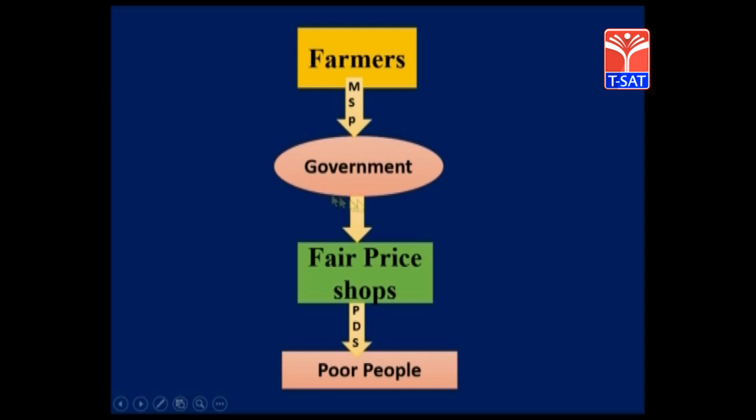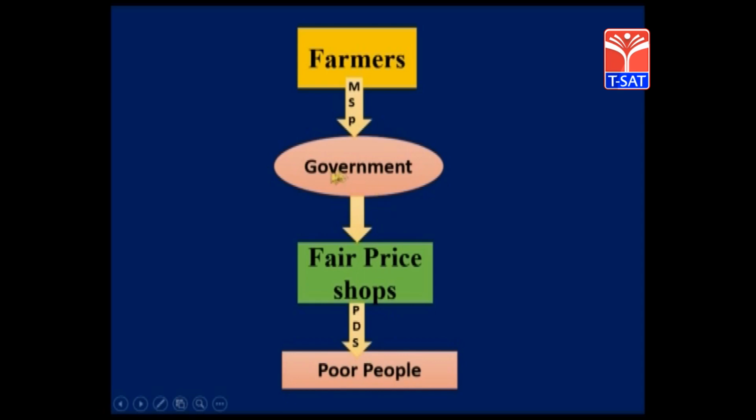And what the government does with that stock it has purchased is send most of it to the fair price shops. What are fair price shops? They are the ration shops. And what does it do? Through the PDS system, the stock of food grains is supplied to the poor people at a much lesser price than the market price.